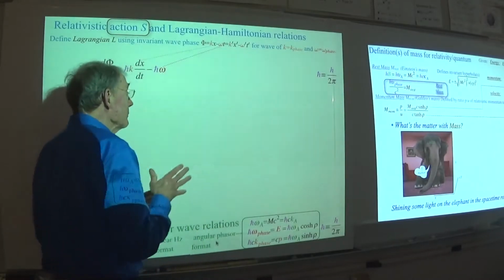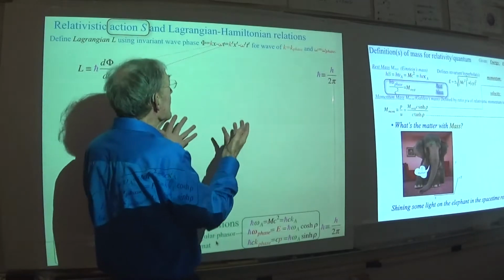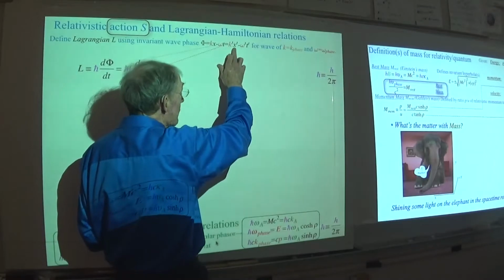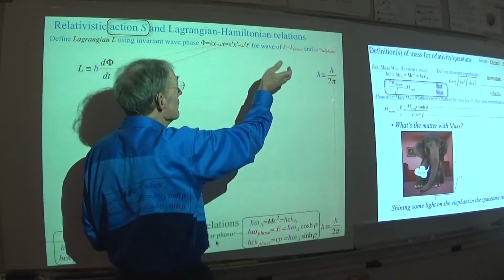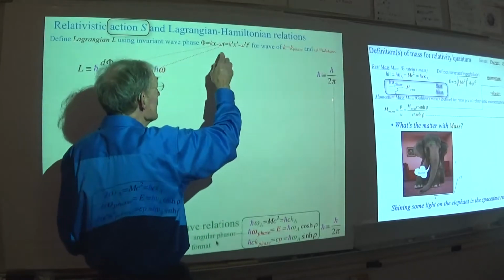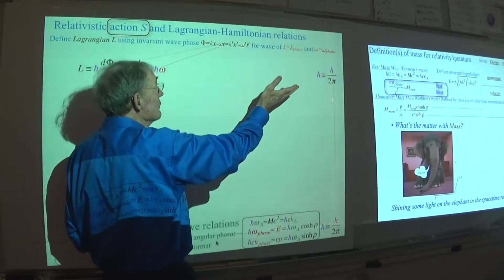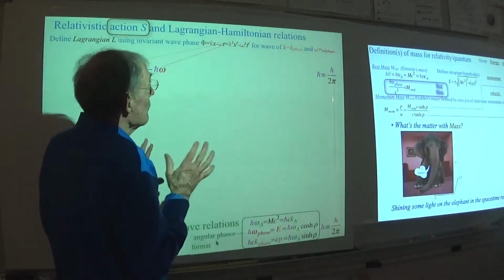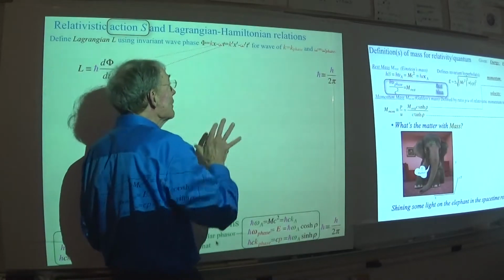Now I made a big fuss about the fact that no matter what x has been transformed to, say x prime, or what t has been transformed to by Lorentz or rotations or anything, and at the same time the k's and the omegas will be transformed by the same sort of laws, no matter what happens to that light, this phase is totally invariant.